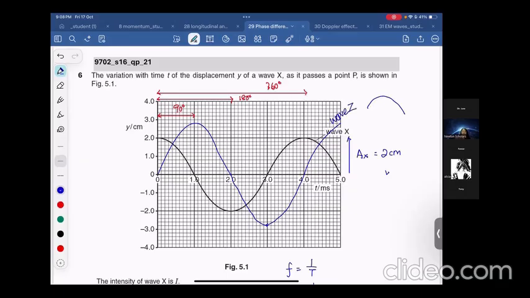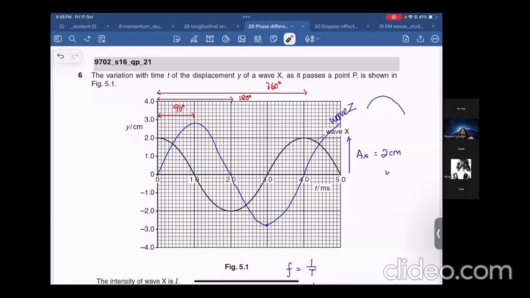Then how do I know the period? It will be the same period as just now, which is 4 milliseconds for one complete wave. So you see my one complete wave is 4 millisecond. The amplitude is based on the intensity. For the intensity formula, you can refer to last week's.